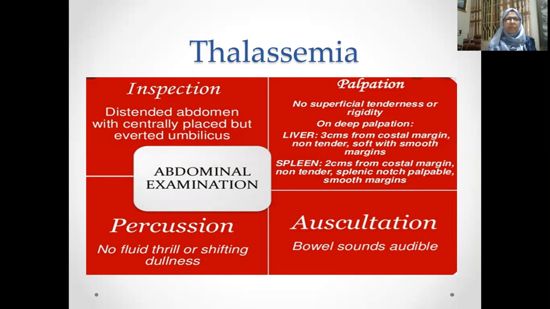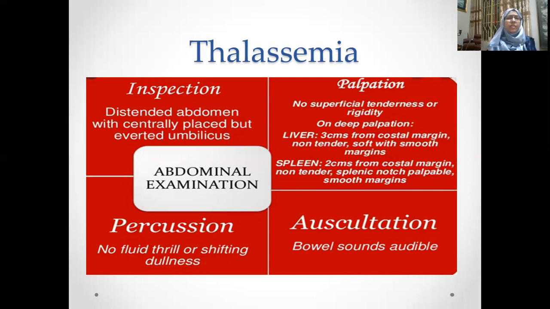But I'm telling you here that you have to start palpation of the liver from the right iliac fossa. The radial side of your index finger will be parallel to the subcostal margin, and the tips of the fingers are lateral to the rectus abdominis muscle.